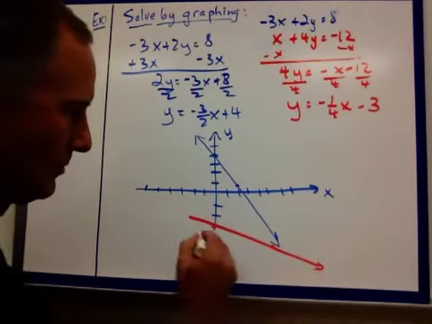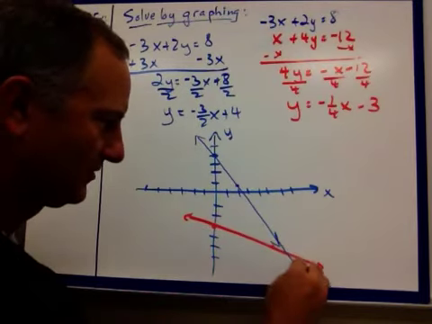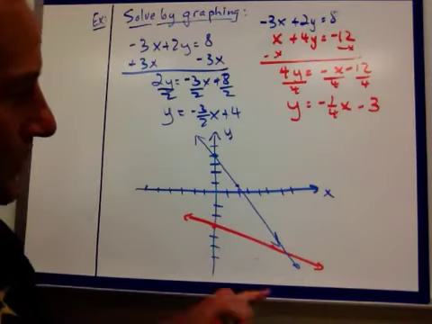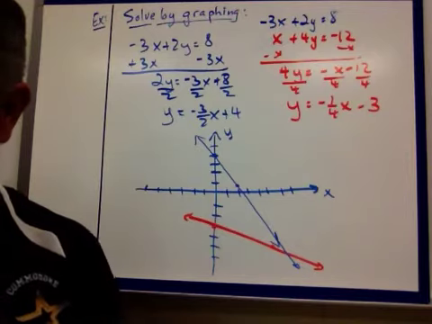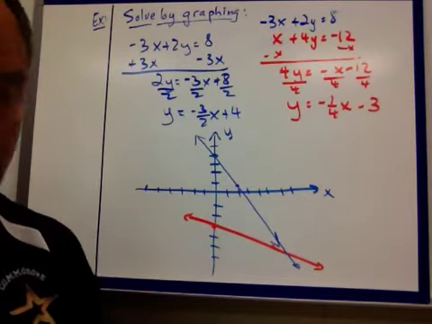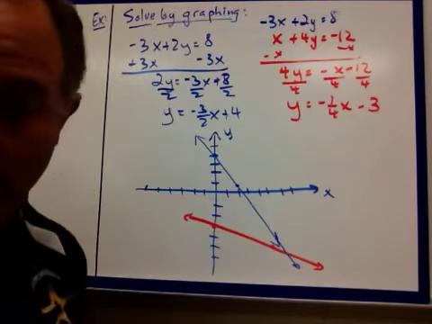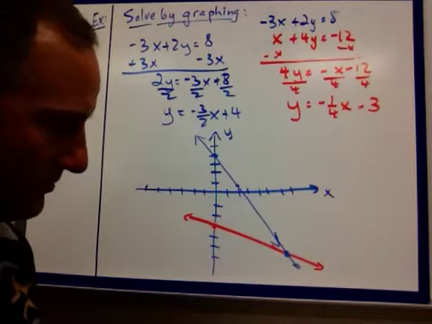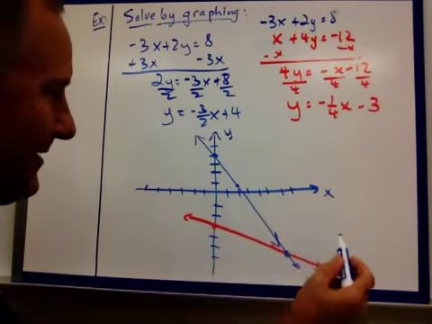So down here, if I extend that down, that's all you've got to do. If your line's not big enough, extend it. Okay? Right down here is where my intersection is going to be. Did I graph that first one wrong? No, we're good. So somewhere right down in here is our intersection. 1, 2, 3, 4, 5, 6.